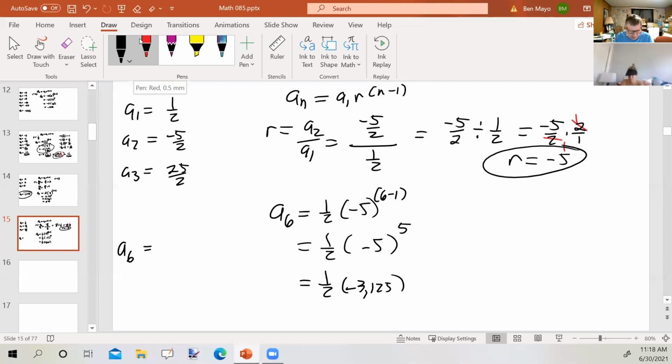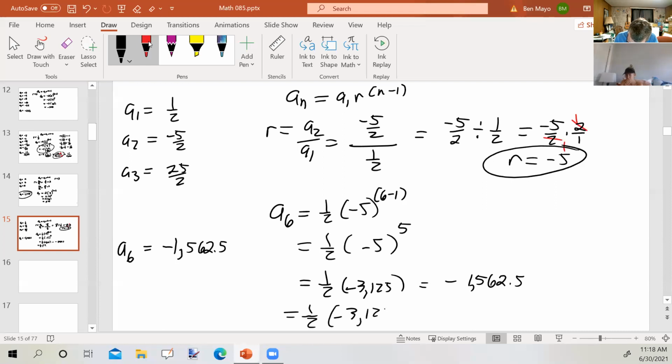Now, if I take that times 1/2, I get -1562.5. That is an exact value, so that is okay. I could use that. However, if I want to avoid decimals, then 1/2 times -3125 would just be -3125 over 2.